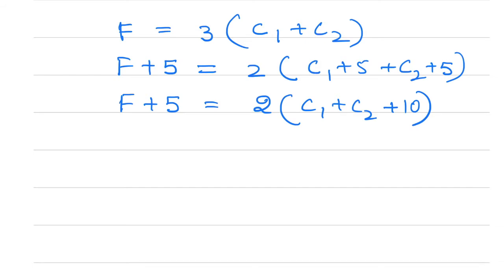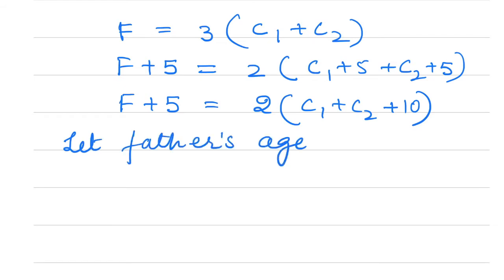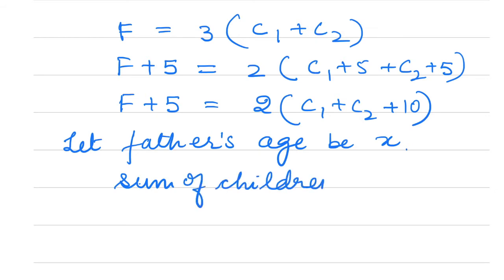Now we have to find the age of father. So let father's age be x, and we are given that the sum of children age is equal to 1/3 of father's age.